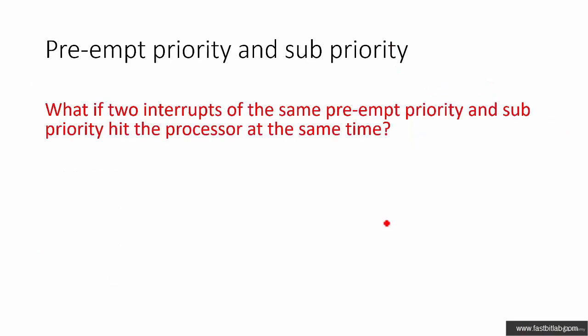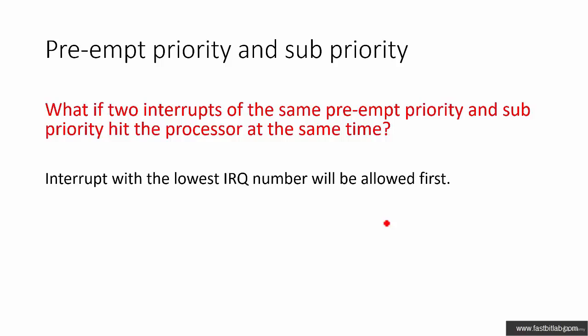What if 2 interrupts of the same preempt priority and subpriority hit the processor at the same time? That's an interesting question. In that case, the interrupt with the lowest IRQ number will be allowed first.